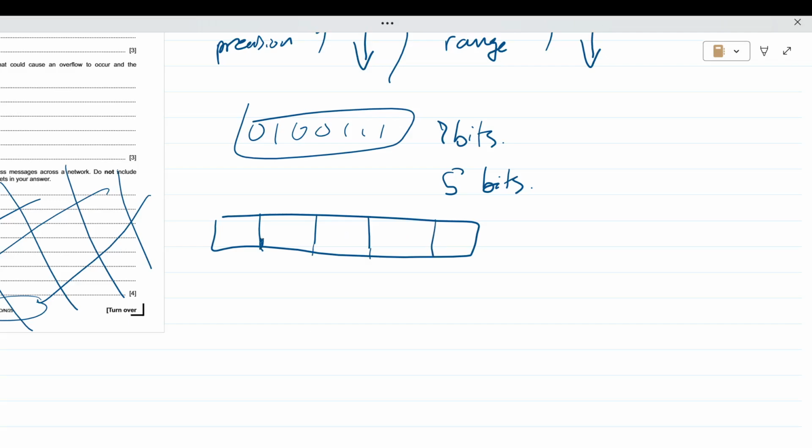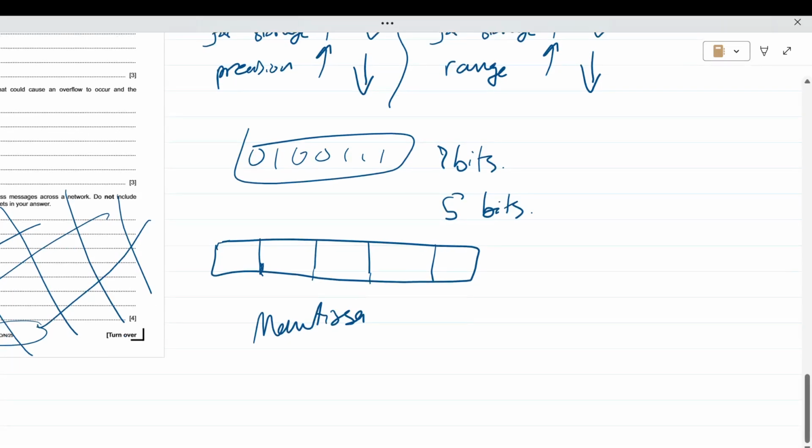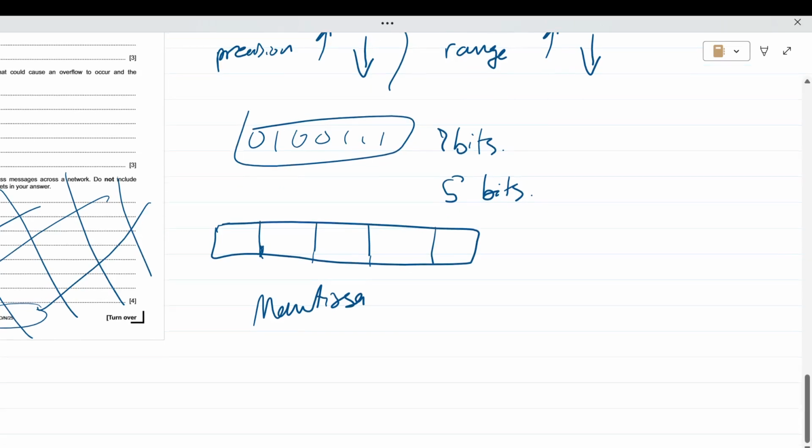Now take a look at this. I told you that the mantissa is always to be written from the left to the right. So if I try to fit this 7-bit mantissa into only 5 bits, what's going to happen? I start writing 0, because this 0 is significant.